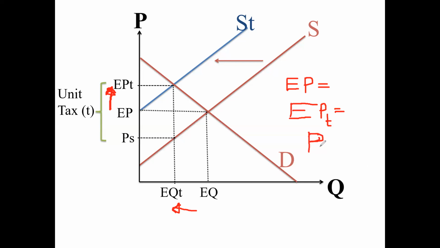PS equals price received by seller after tax. Then EQ equals equilibrium quantity before tax.